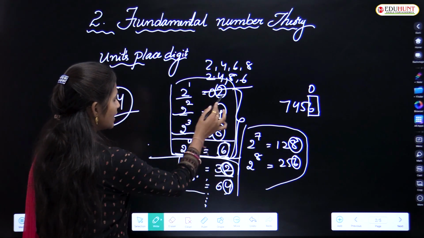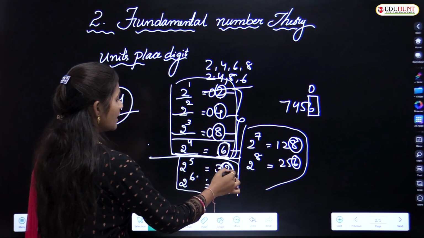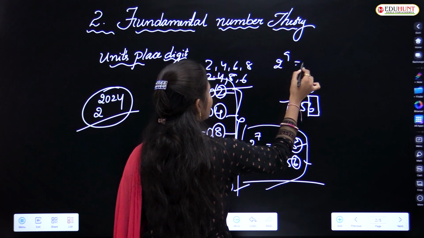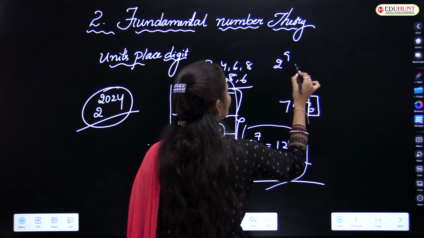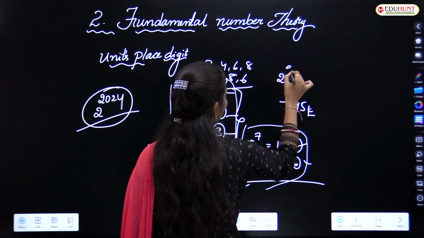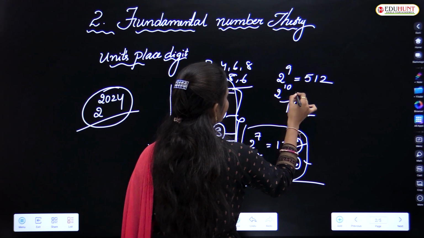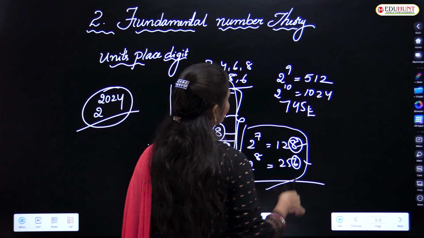Here you can observe 2, 4, 8, 6. Next again 2, 4, 8, 6. Next, 2 power 9 is equal to 512. 2 power 10 is equal to 1024.